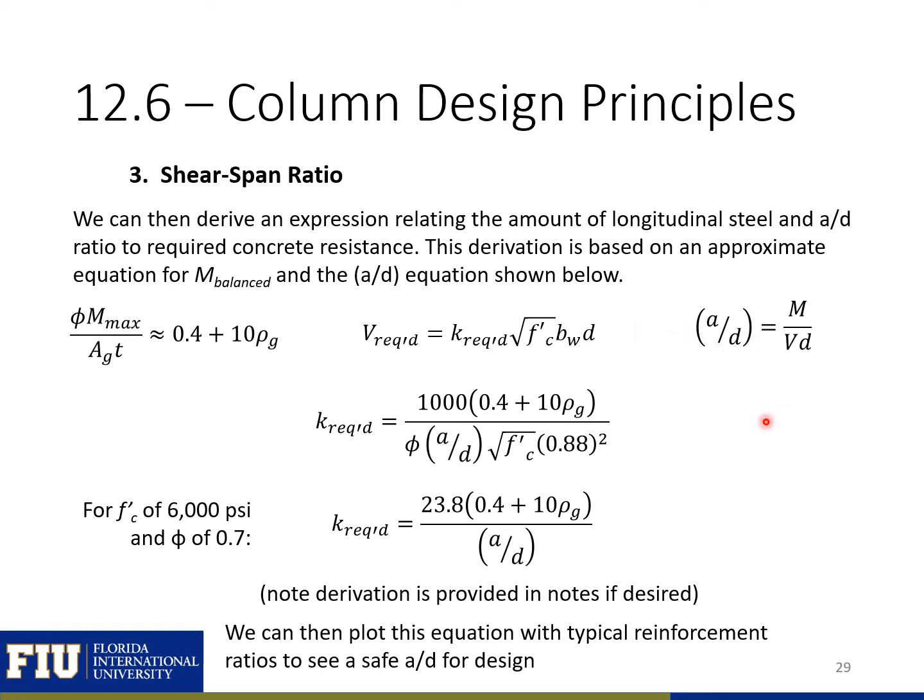I'm not going to include the derivation, but we can get this equation for our K, and for a typical value of f'c of 6 ksi and phi of 0.7, we'll get a K equal to this equation here. So we're going to plot this equation on the next slide versus our a over d ratio.